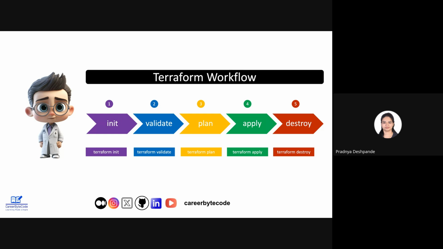We have a configuration file, we have a cloud provider, but how will whatever you have written in your configuration file reflect on your cloud? For that, the Terraform workflow is very important to understand, and we need to follow it to build our infrastructure on the specified cloud platform.